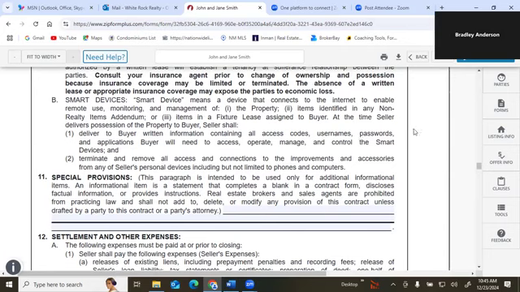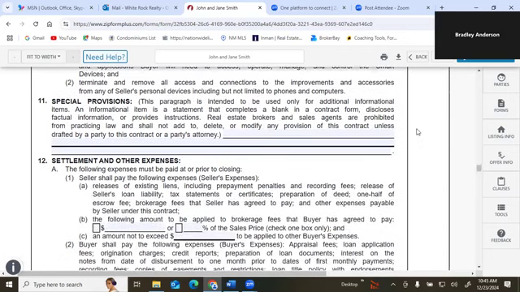Okay. And then the no-no paragraph, paragraph 11, special provisions. Unless you have a law degree from Yale, Princeton, Harvard, whoever, you don't put anything in here. This paragraph is intended to be used only for additional information items. What is that? An informational item is a statement that completes a blank in a contract form.